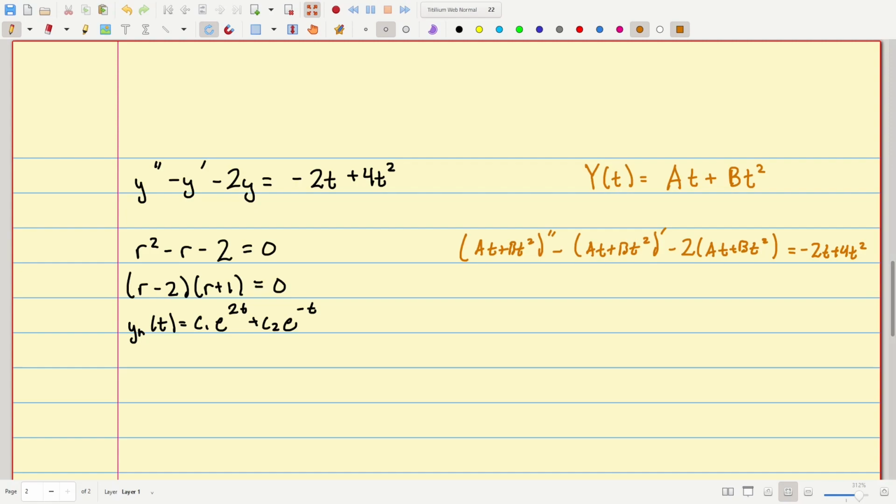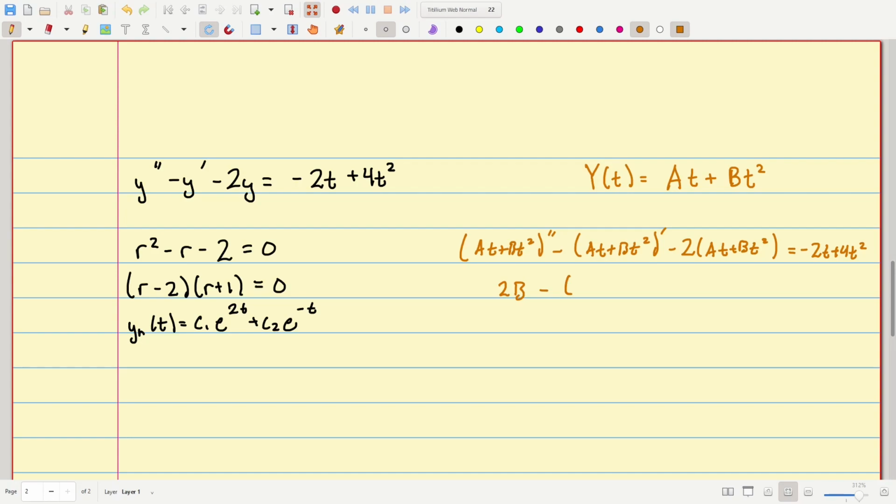All right, so what's the second derivative of a times t? That's 0, right? Because the derivative of t is 1, and the derivative of a constant is 0. Okay? What's the second derivative of t squared? 2b. Okay? We take one derivative here.